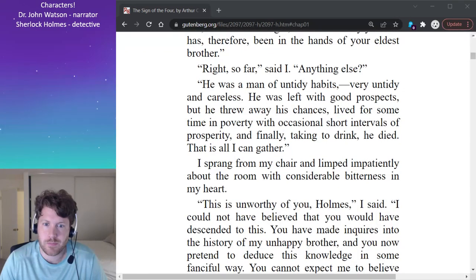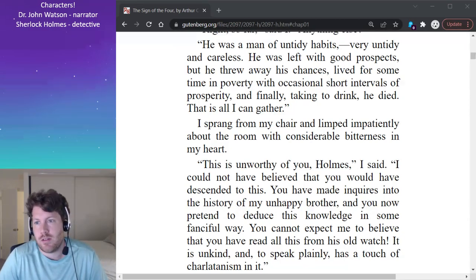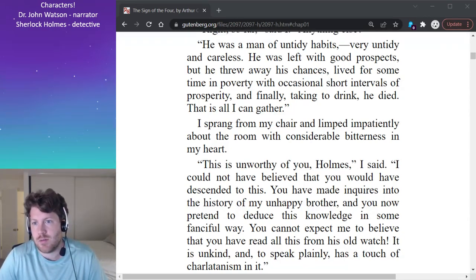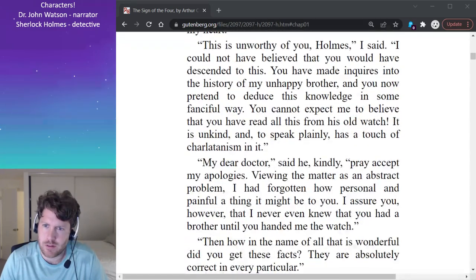Anything else? He was a man of untidy habits, very untidy and careless. He was left with good prospects, but he threw away his chances, lived for some time in poverty with occasional short intervals of prosperity, and finally, taking to drink, he died. That is all I can gather. I sprang from my chair and limped impatiently about the room with considerable bitterness in my heart.